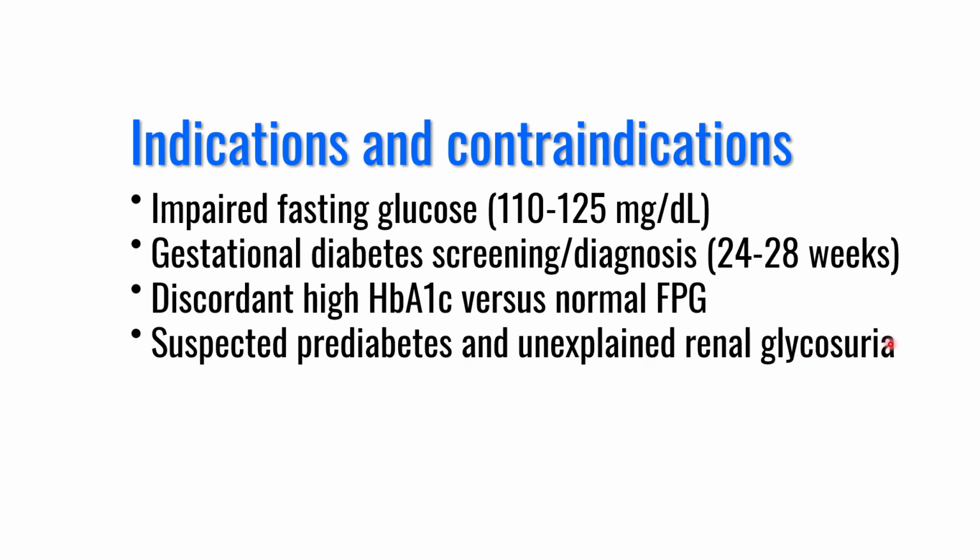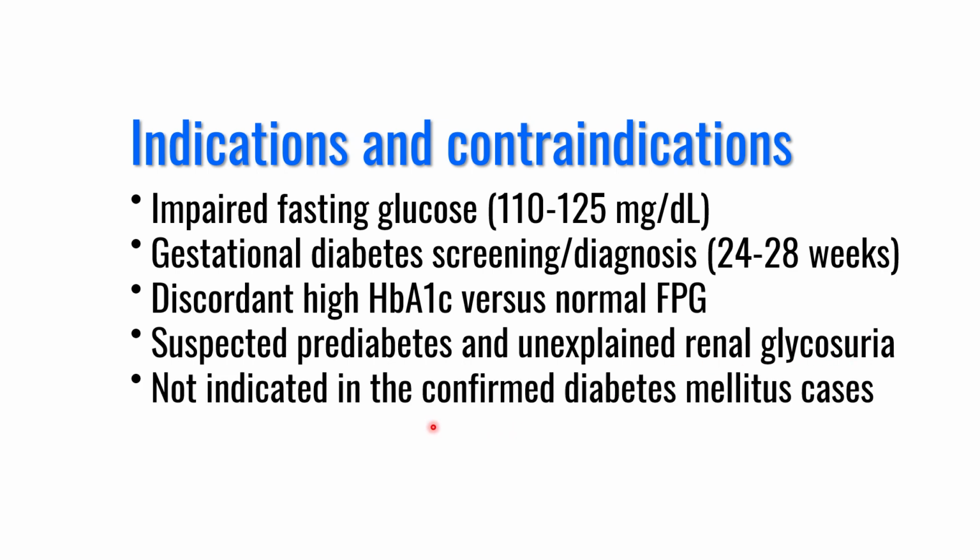Glycosuria, or glucose in the urine, can also occur due to diabetes. Therefore, OGTT is used to confirm renal glycosuria. However, it is not indicated in the confirmed cases of diabetes. For example, in cases of type 1 diabetes mellitus, this test is not used because of side effects.